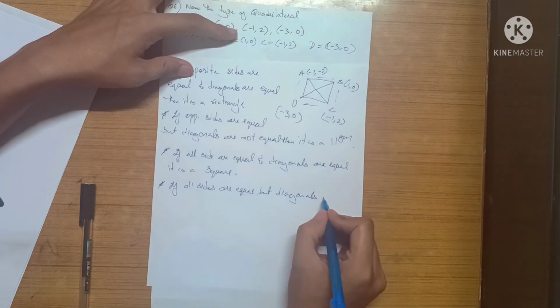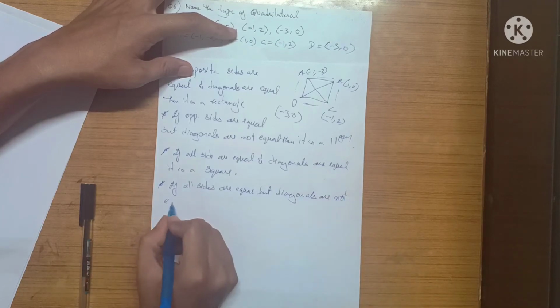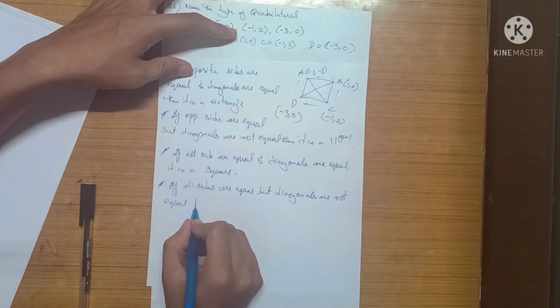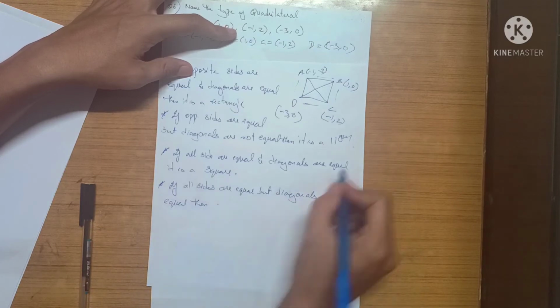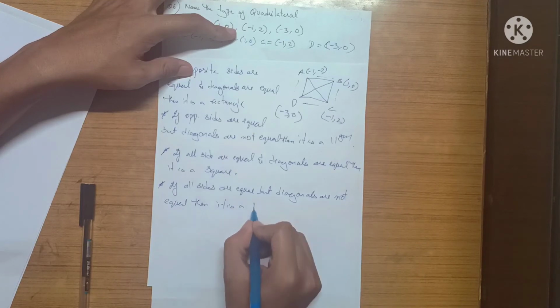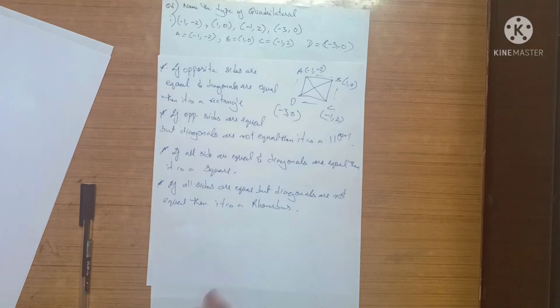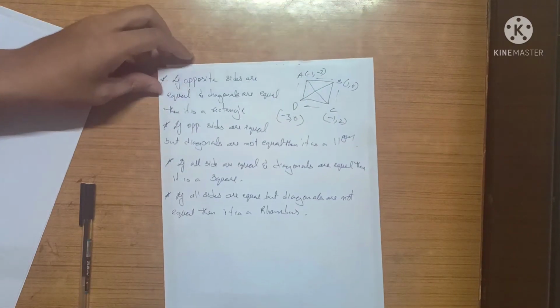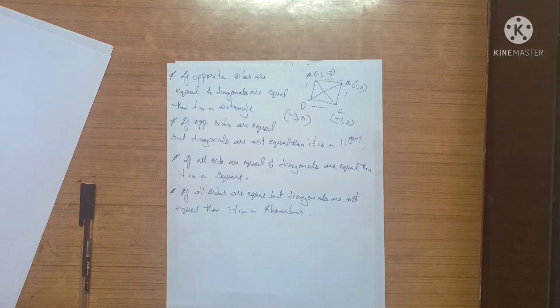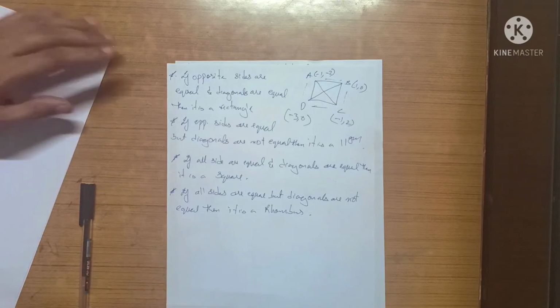What is the other figure which has all sides equal? It is a rhombus, right? For a rhombus, the diagonals are not the same but all sides are equal. So a square and a parallelogram are almost the same except the diagonals are different, and a square and a rhombus are the same except the diagonals are different.